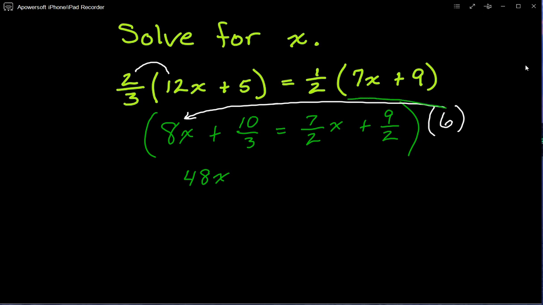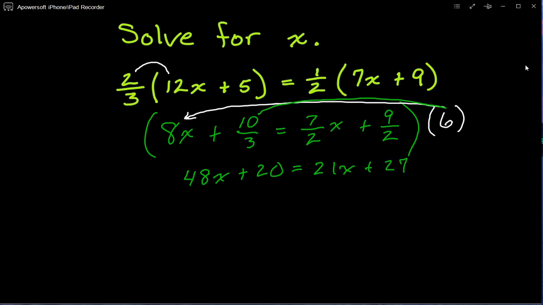And then 6 times the 10/3, remember the 3 and the 6 reduce to a 2. 2 times 10 is 20. 7/2 times 6, 21x. And 9/2 times 6 is 27.